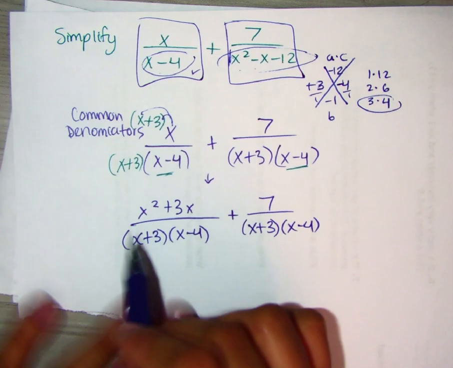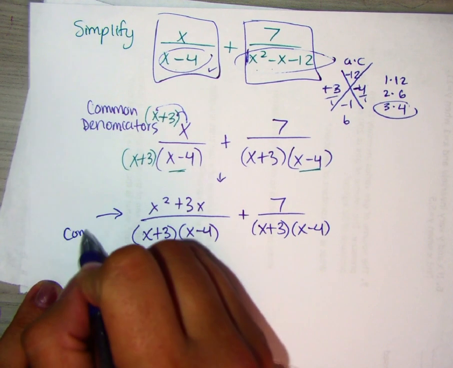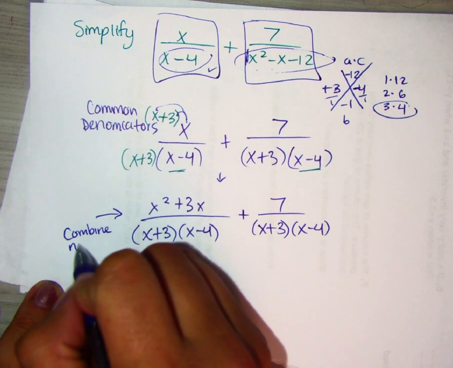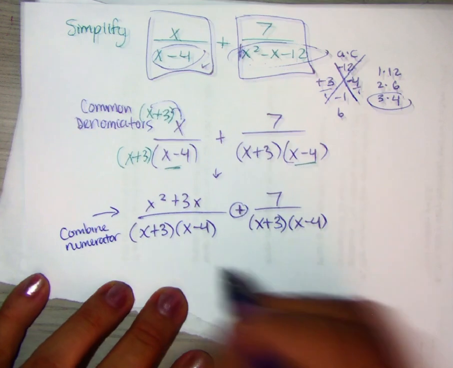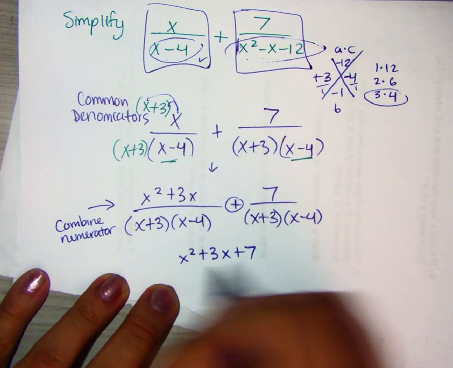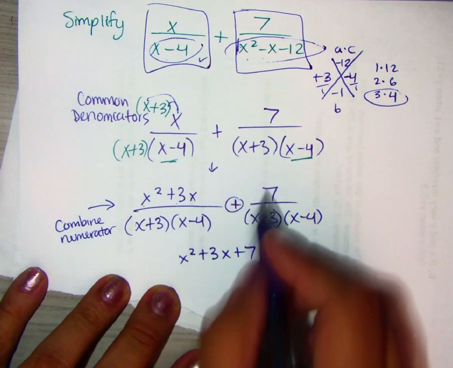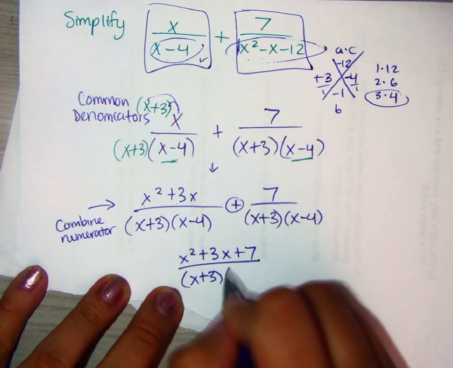Since you already have the common denominators, now you're going to combine the numerators. Here we are adding, so that makes it a little bit easier because all we're doing is adding all these terms, x squared plus 3x plus 7, and we are putting them over the binomials, the factors that we have.